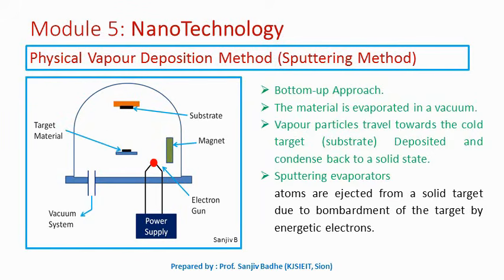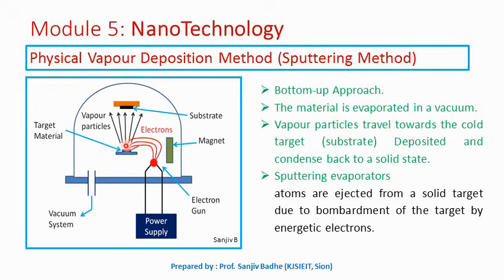So this is another method of vapor deposition which we are calling as sputtering method. So it is also a bottom up approach. In this case also the material is evaporated inside the vacuum, so vacuum chamber is used. Why vacuum chamber? Because we don't want any air molecule to get deposited on the substrate, so all the air molecules are removed first.